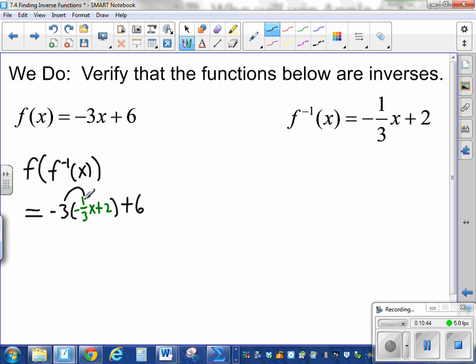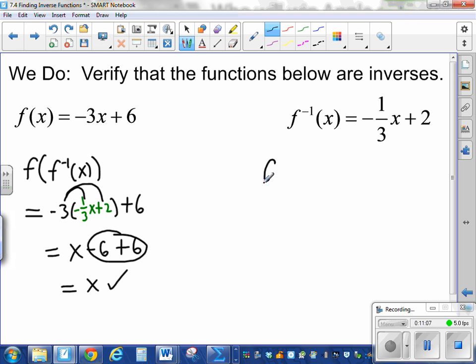So now you distribute to both parts. Negative times a negative is a positive, so you do get a positive x. Negative 3 times a positive 2 is a negative 6. Plus your 6, the parentheses dropped because we distributed. This is another 0, so you end up with just x. All right, check mark. Check.